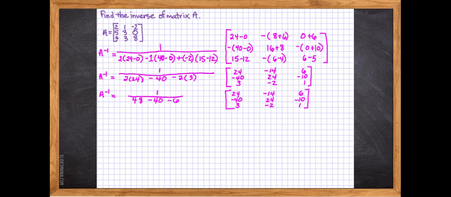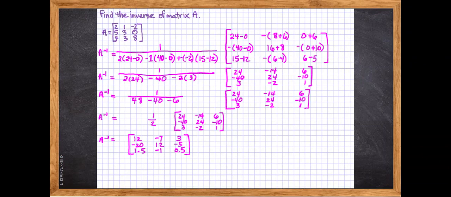Further simplification, and we've got 1/2 as the scalar value that we're going to multiply into this matrix. Half of those values is presented here. This is our inverse matrix: 12, -7, 3, -20, 12, -5, 1.5, -1, 0.5.